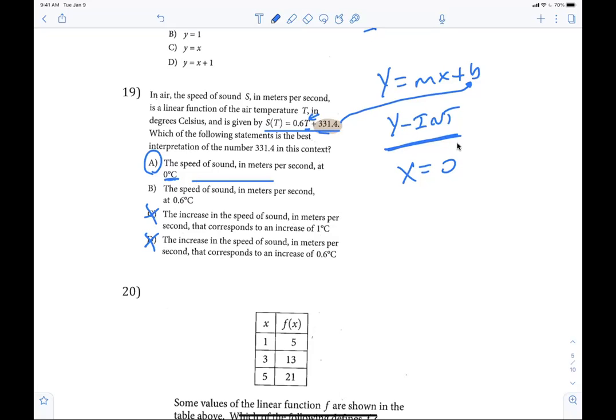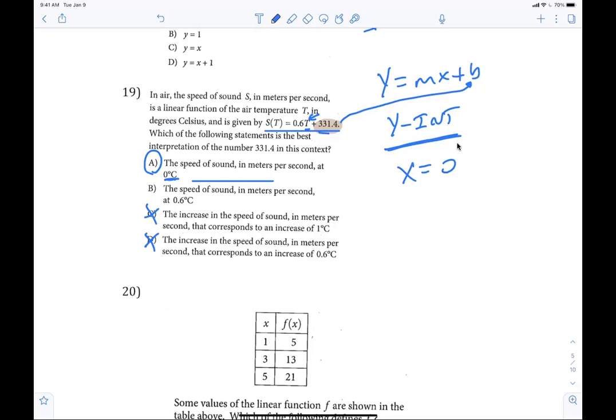How do you know it's not an increase in speed of sound? Because it's not talking about the what? Slope. When something is increasing and decreasing, they're talking about the slope. That's the change in speed of sound over the change in temperature.